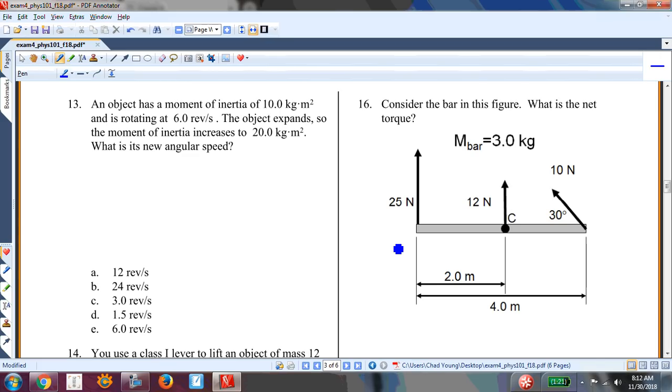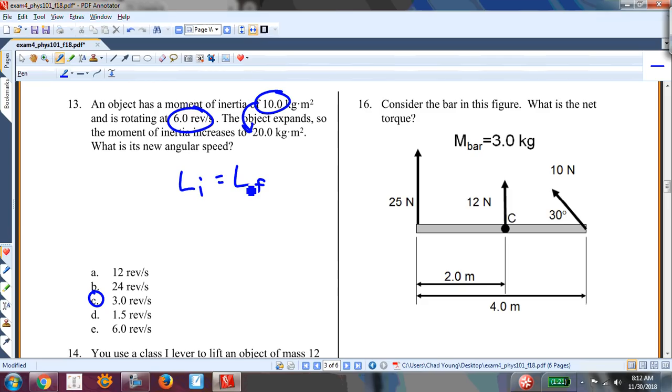An object has a moment of inertia of 10 and it's rotating at 6 revolutions per second, and then it gets bigger. It's like a figure skater opening out her arms. It increases from 10 to 20, so it increases by a factor of 2. So you could probably just say right off, well, if the I is increasing by a factor of 2, then omega has to decrease by a factor of 2, and you'd say that C is the right answer, and then you can move on. But let's take our conservation of momentum.